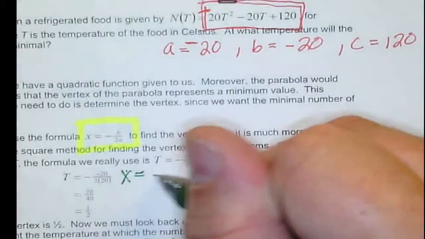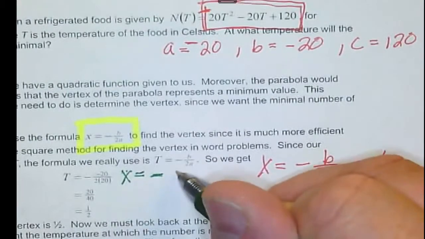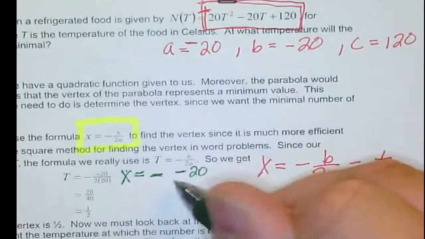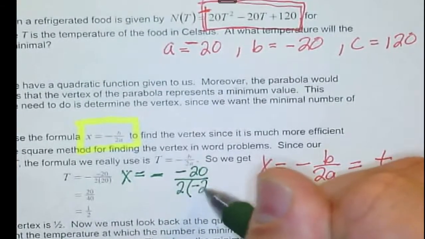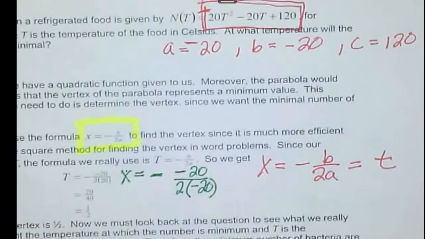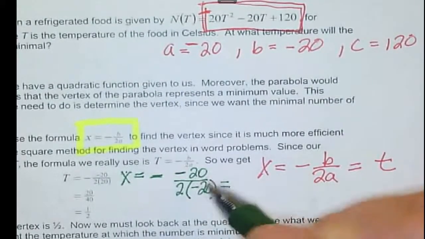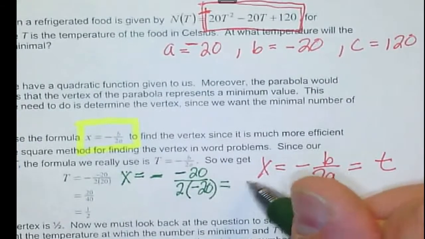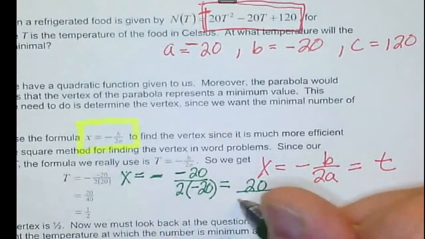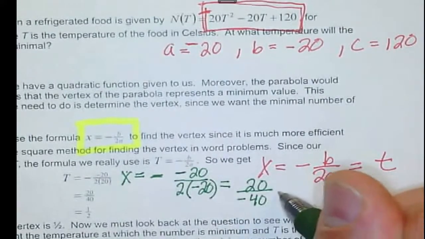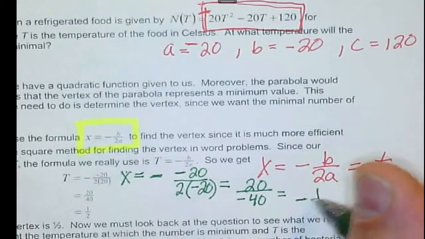X equals negative, now what's my b? Negative 20 over 2 times a, which is negative 20. Okay. So I have negative 20, which is positive 20, over negative 40. So my x is negative 1/2.